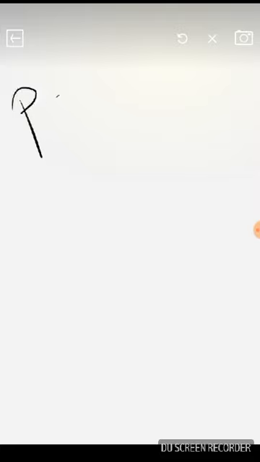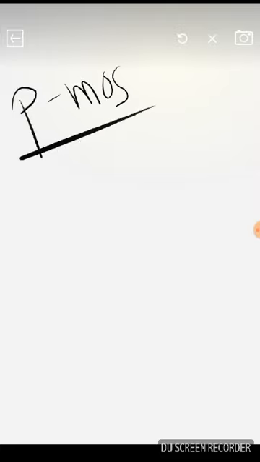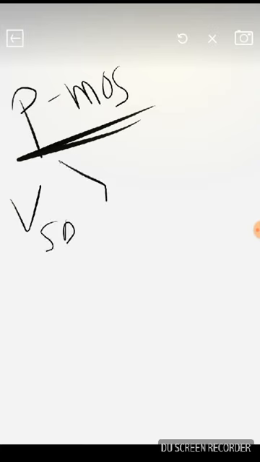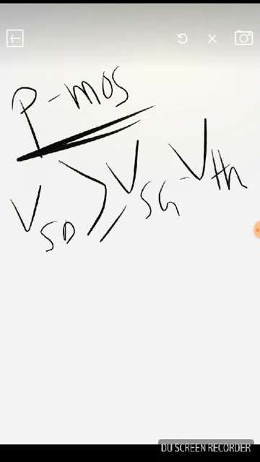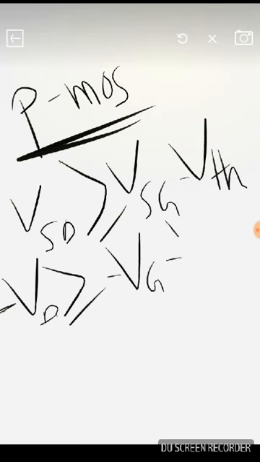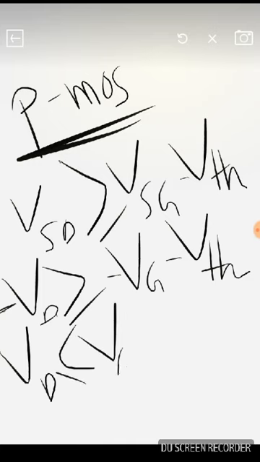Now suppose we talk about PMOS. It's a bit different out there. That is, VSD should be greater than or equal to VSG minus VTH, right? So here VS minus VD should be greater than or equal to VS minus VG minus VTH, or reversing it, VD should be less than or equal to VG plus VTH.